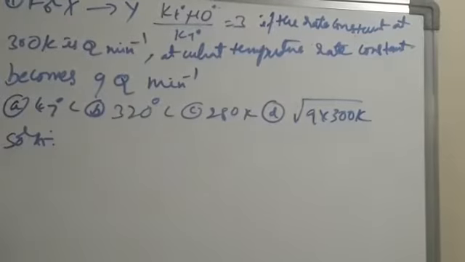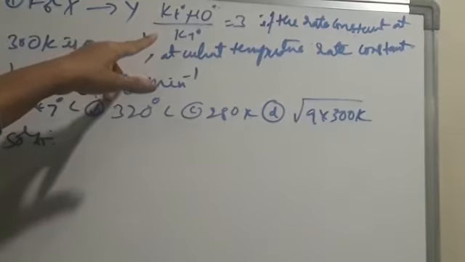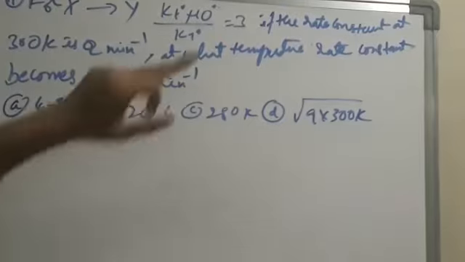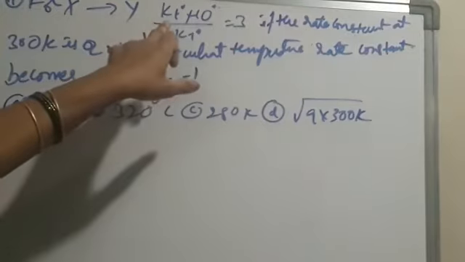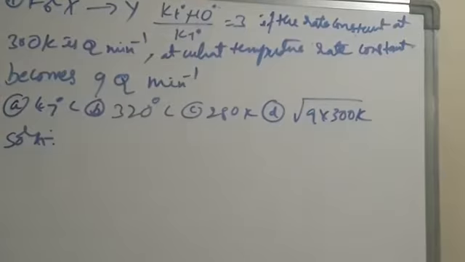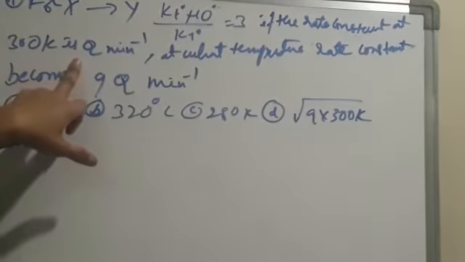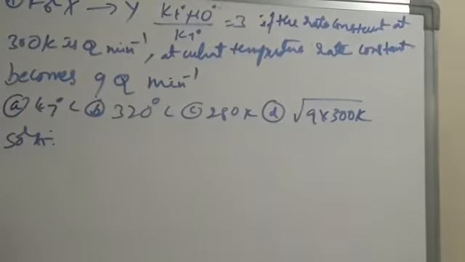Next, for a reaction X to Y, K at T plus 10 degrees by K at T degrees is equal to 3. Here the temperature coefficient is 3. If the rate constant at 300 Kelvin is Q minutes inverse, at what temperature does the rate constant become 9Q minutes inverse?